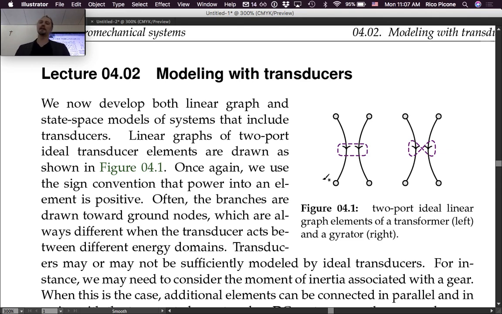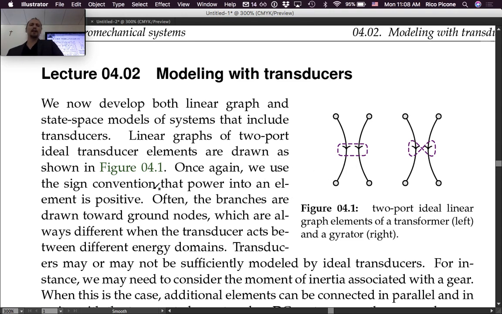It really can be any rectangle. Then we are denoting that it is a transformer. It's a two-port element, so it has to have two different branches representing it. Similarly, the gyrator looks the same, except we cross over in the center to denote that it's a gyrator. That makes sense because you cross between the two variable types in the relationship.